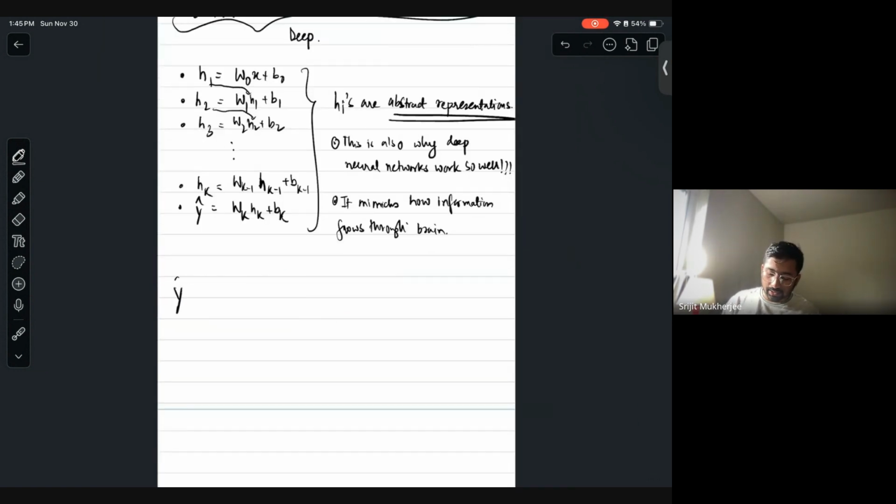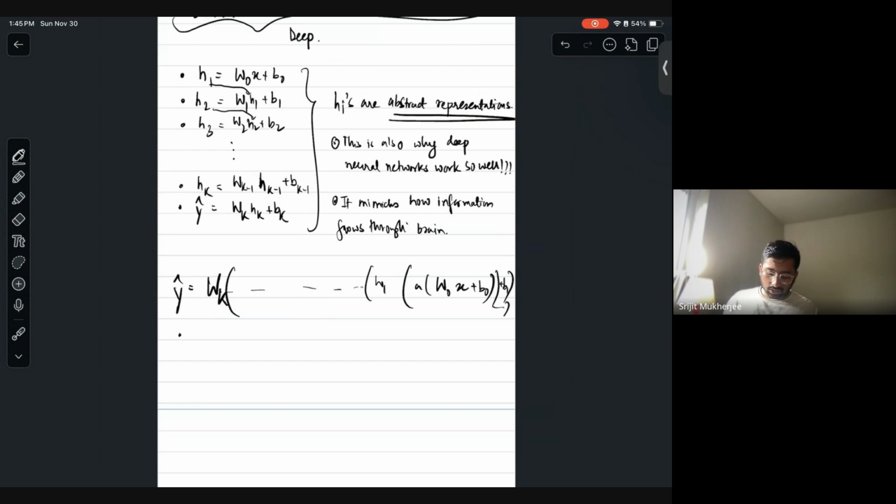So the y hat can be expressed as this. First there is X, okay. Then W naught of X plus B naught. Then comes an activation function. And then again on this comes W1 plus B1. So it's Wk plus dot.